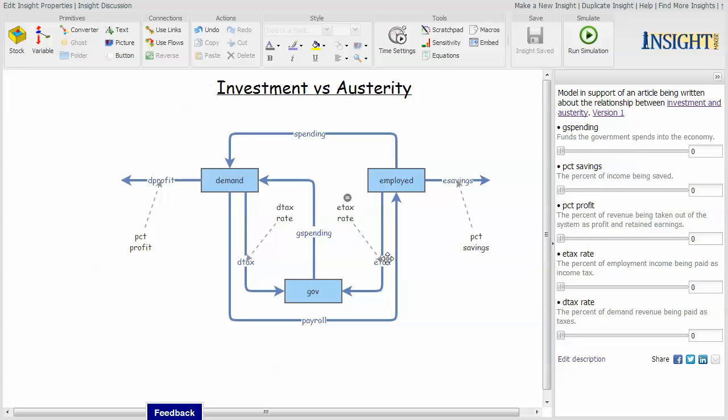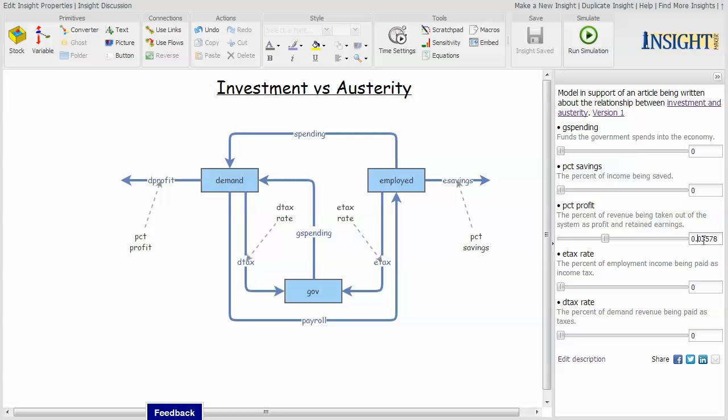Suppose that the employed tax rate is just 10%, and I don't want to get into a contest about what the actual rate is.